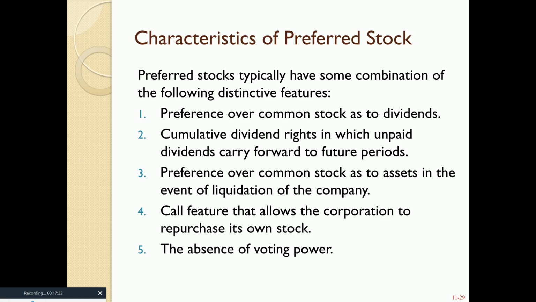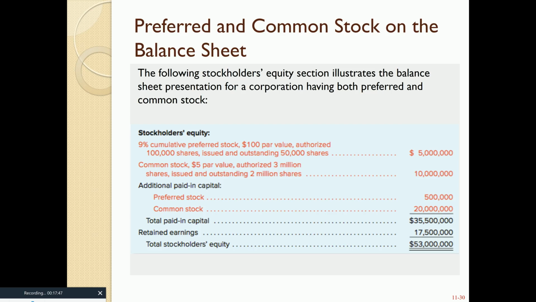They can have cumulative dividend rights. It could also be non-cumulative, and I'll explain how that works in a little while. They're also called preferred stock because they stand in line above the common stockholders when it comes to a liquidation at the end of the company's life. All right. Preferred stockholders don't vote. That's the difference. They don't have voting power like common stockholders do.